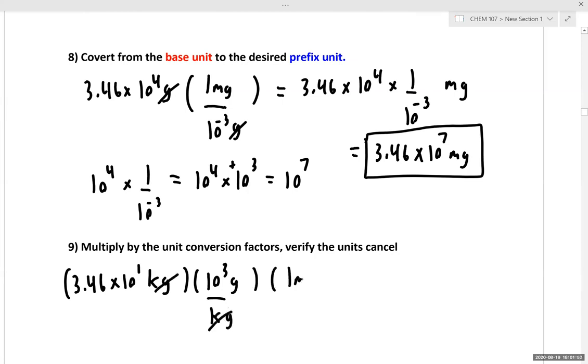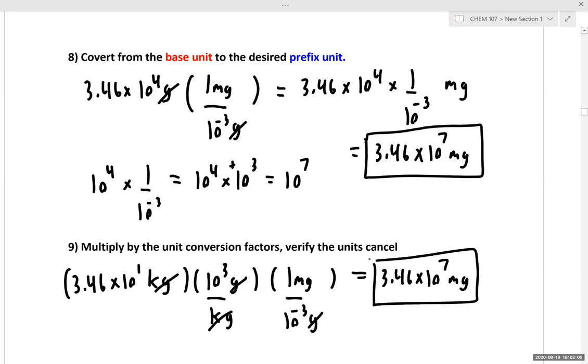We also know in 1 milligram, we have 10 to the negative third gram. Grams cancel, and that gives us 3.46 times 10 to the 7th milligrams. So these are two potential methods for solving these unit conversion problems. As you progress through this class, you're going to eventually start to use these one-line conversions more and more frequently.